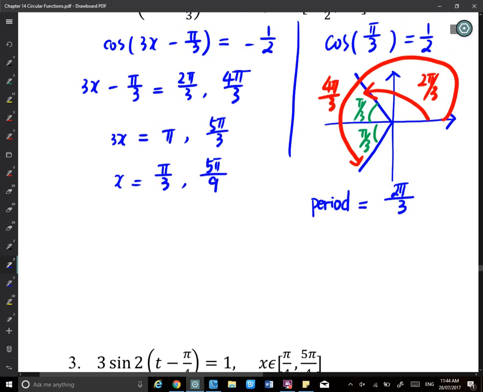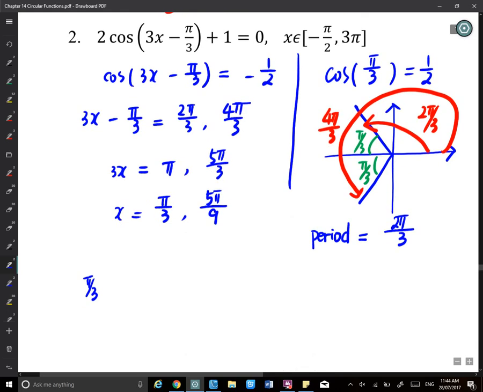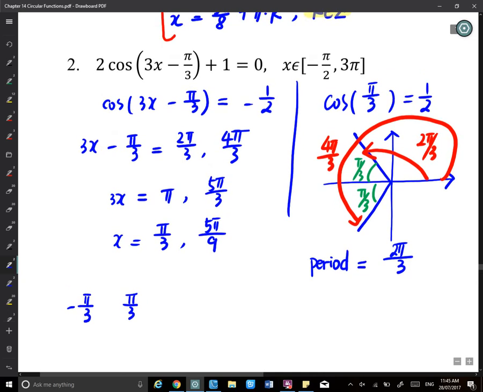I will first have pi over 3 here. I don't have enough space, so let's write horizontally. Pi over 3, let's subtract 2 pi on 3, which will be minus pi on 3.